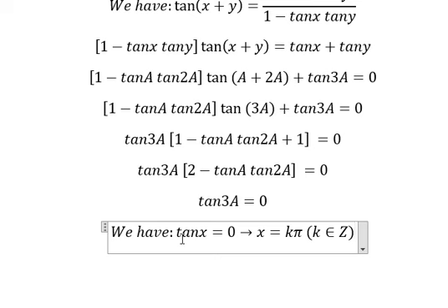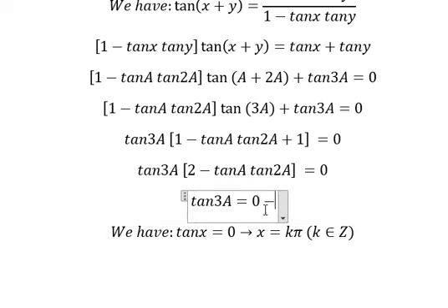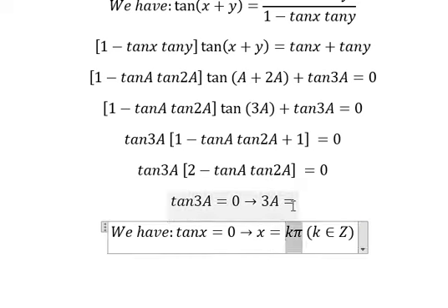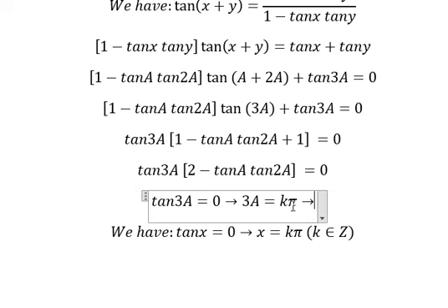So if we have tan x equals to number 0, that means x equals kπ, and k belongs to integers. So that means 3θ equals to kπ. And then we divide both sides by number 3.